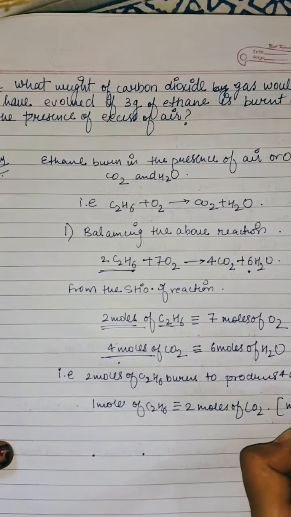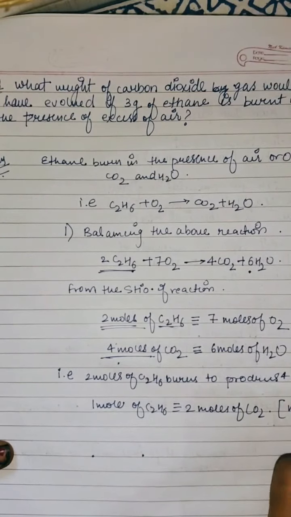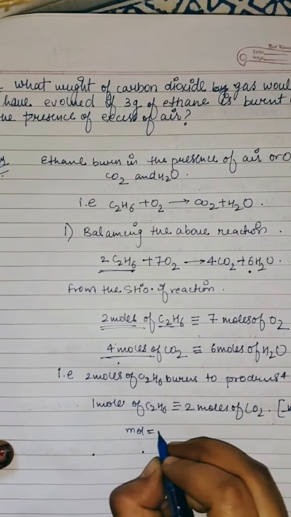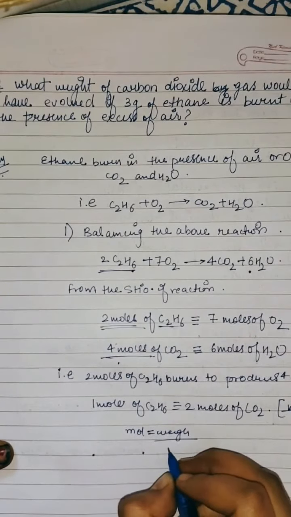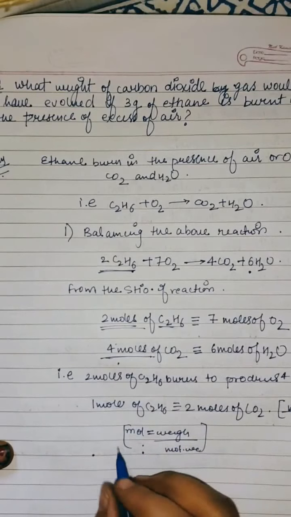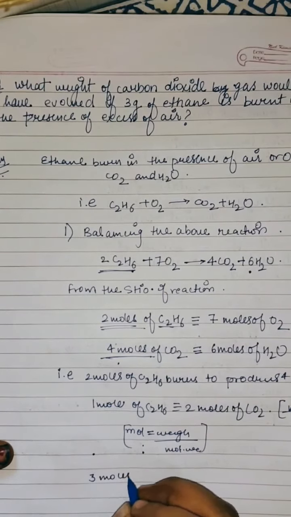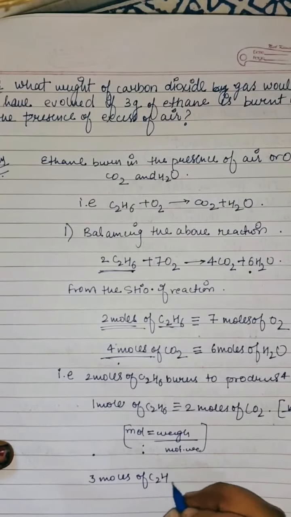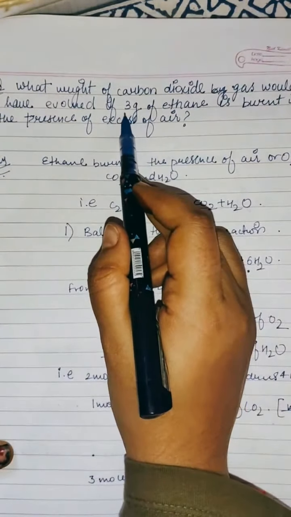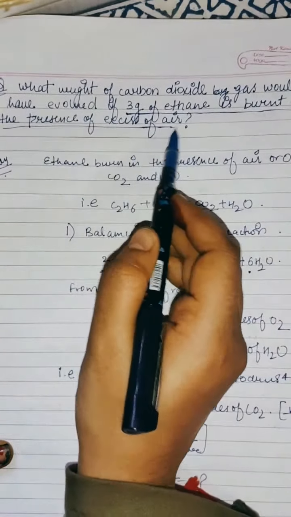because mole is weight upon molecular weight. This is the formula. After that, 3 gram of C2H6 gives how much? According to the question, they are asking about 3 gram of ethane burned in excess air.